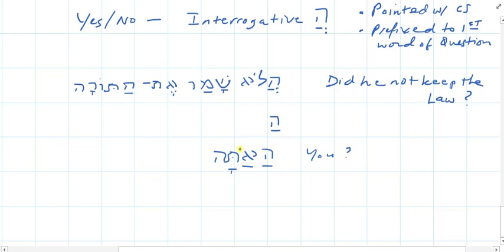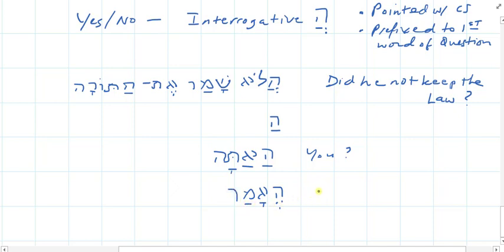Okay, and then the last situation is where the interrogative hey could also be pointed as a segol. And those are going to happen in situations where I've got a guttural following, and the guttural has a kametz or a kametz katuf. So, example, amar. There's a guttural, it has a kametz.